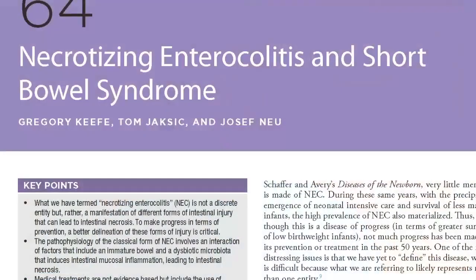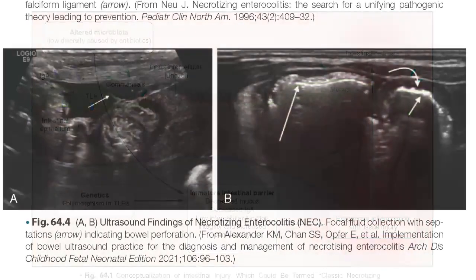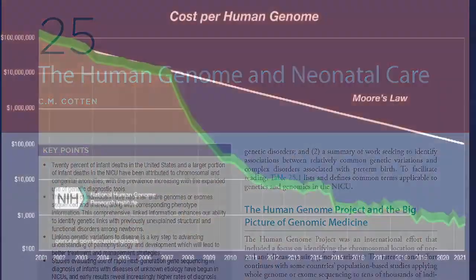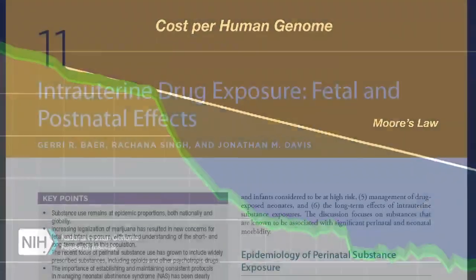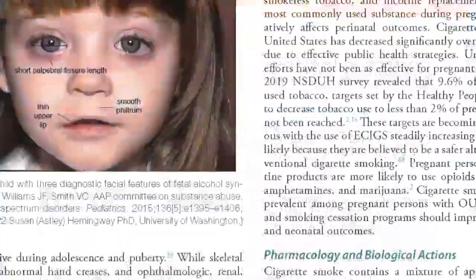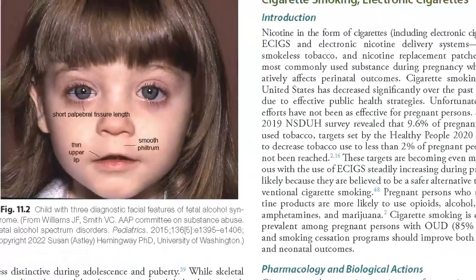And then as the science has progressed, there's been more and more material and publications on necrotizing enterocolitis and short bowel syndrome. And we really expanded the chapter on that topic with this edition to include the newest science in that area. All the new information on genomics that has come out, prenatal drug exposure, and all the different ways that we're learning to manage those pregnancies and babies better.